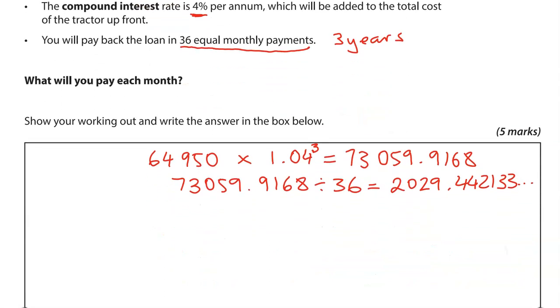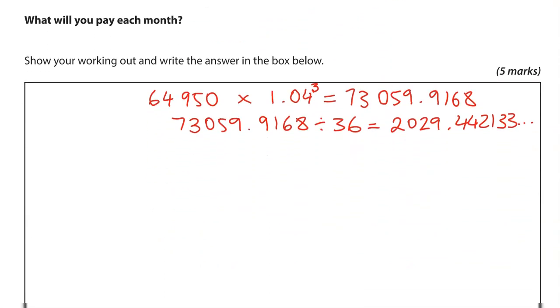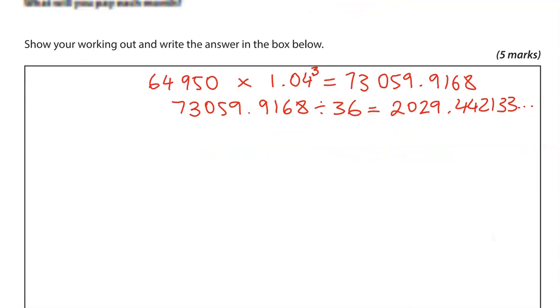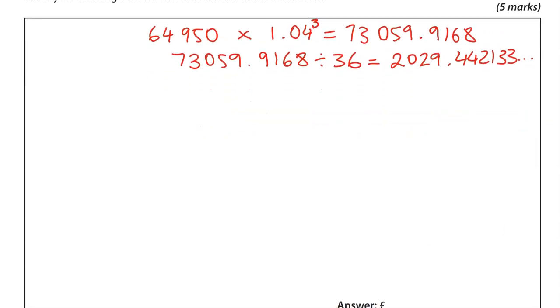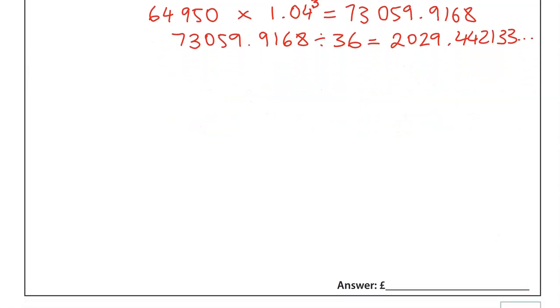Now, of course, as we write the final answer in, because this is what one of the monthly payments is, we're going to have to round this to 2 decimal places, because that's how we write money in. So 2029.44, because this is lower than 5.